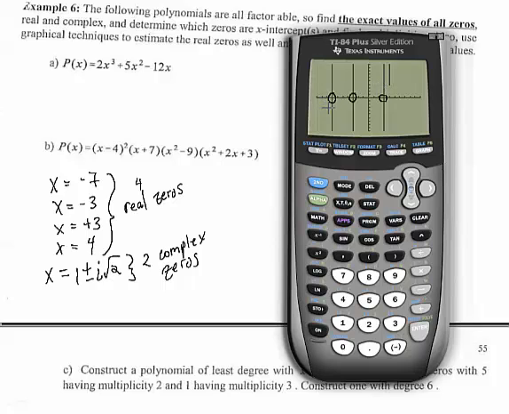But these 3 zeros are x equals negative 7, x equals negative 3, and positive 3, and then this piece up here actually drops down and touches the x-axis, although the graphing calculator doesn't really do a good job of drawing that piece. This is our positive 4, 0. And so we only have 4 x-intercepts.